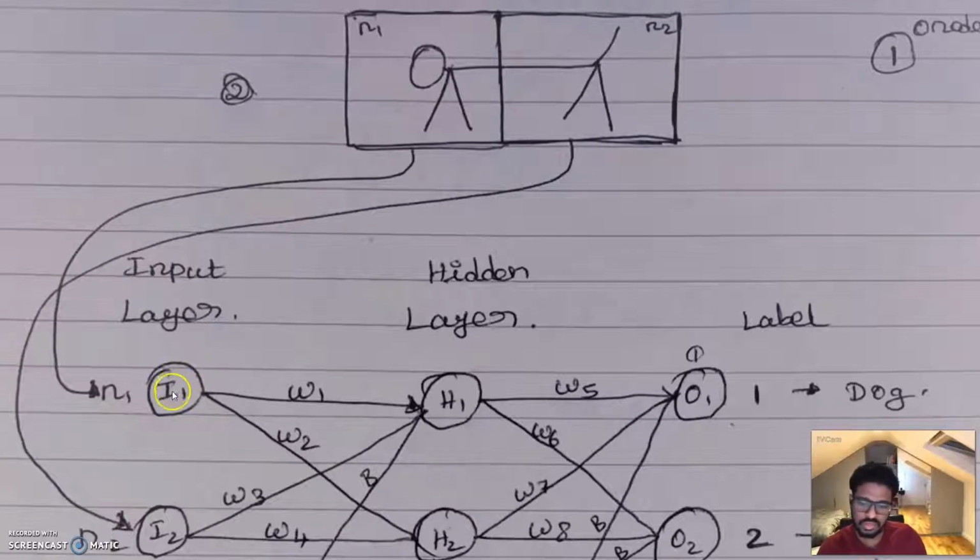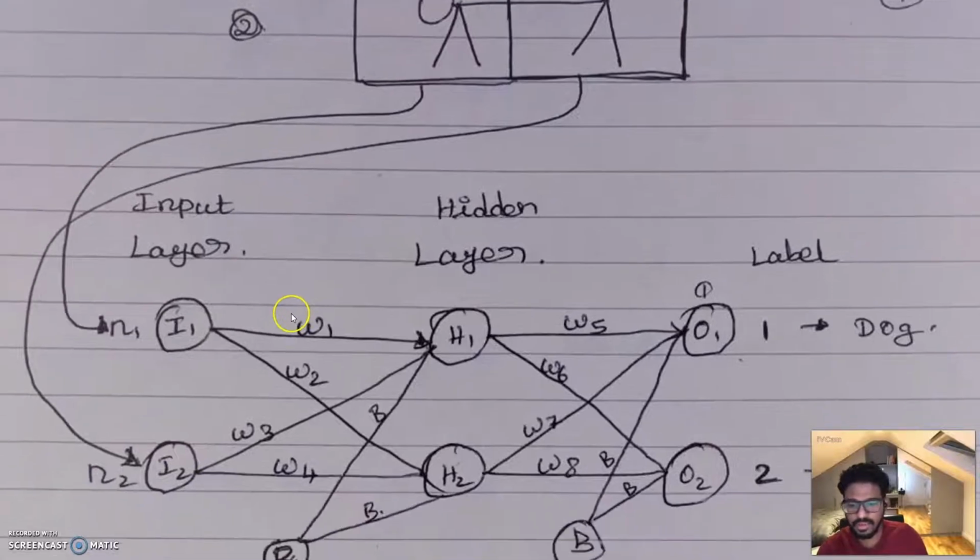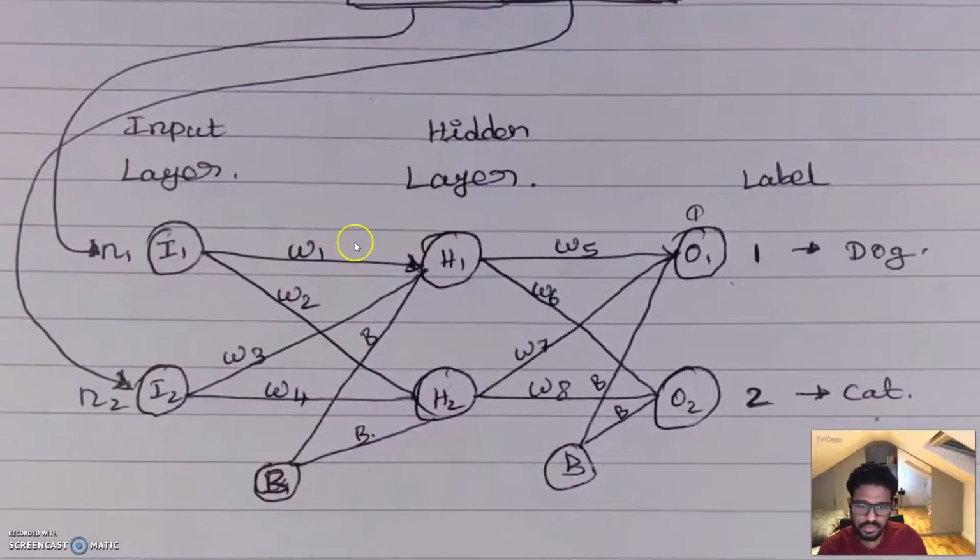So this is 0.5 and this is 0.2, and then we would be filling the weights with some random values, since the network is not trained in the first place.